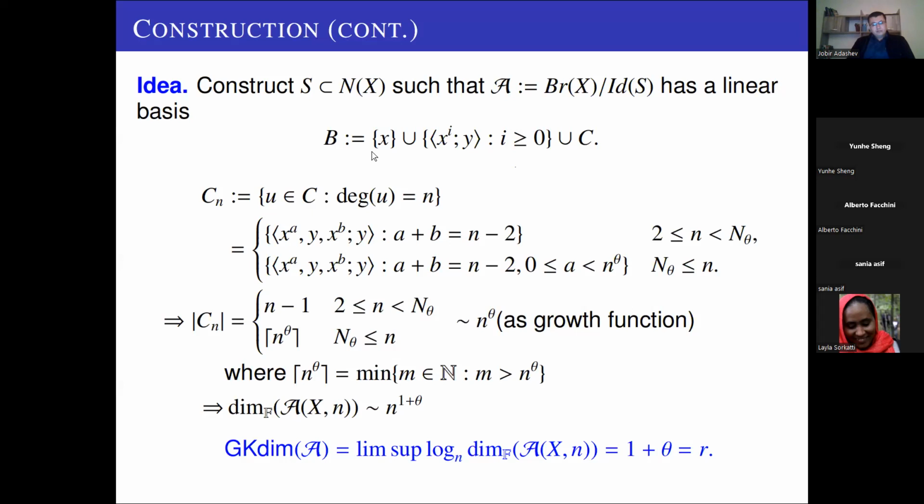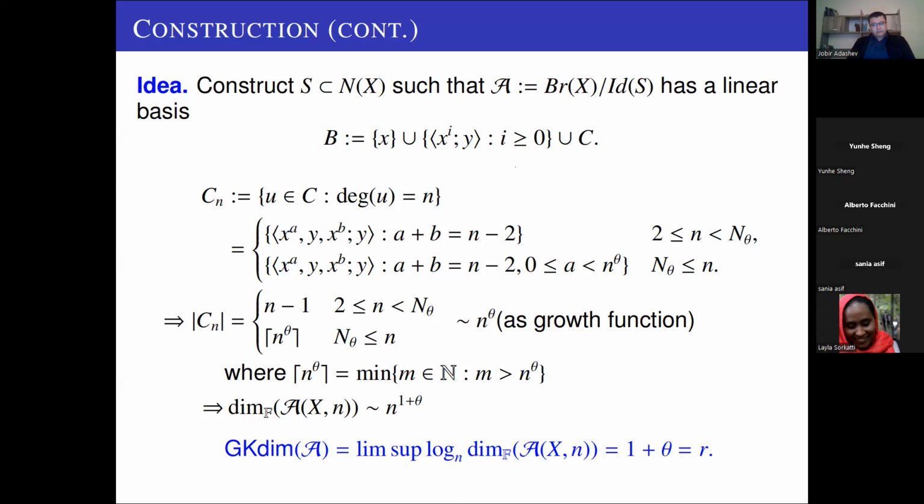In the first part, there's the y. In the second part, there is just one y. In the third part, C, we have mentioned that any word from C has two y's.